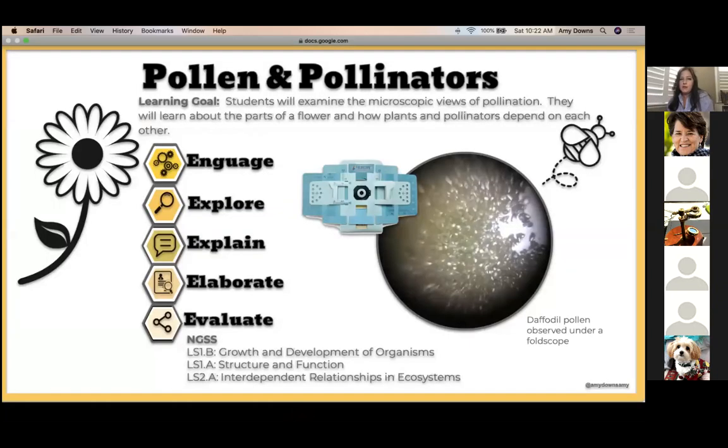In this, it follows the same idea with the 5E, and this is a little bit more broad with pollen and pollinators, because for your lower grades, I believe these are second grade standards, it's just understanding the role of pollinators. So being able to look at pollen with your Foldscope, and then be able to, if you have a bee, or you come across a bee, or use a prepared slide, connect those ideas for kids to actually explore.